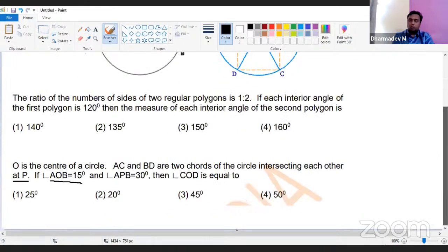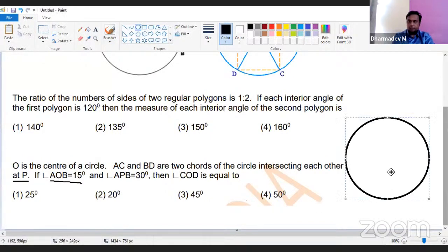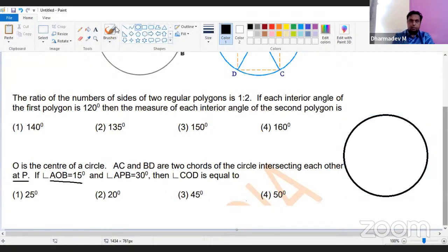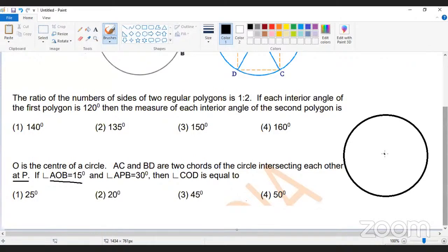Okay. So now how would you draw the circle? You have the center as O, so they have given it. The center of the picture would be O. And what would be on the other sides? Where can you draw P?